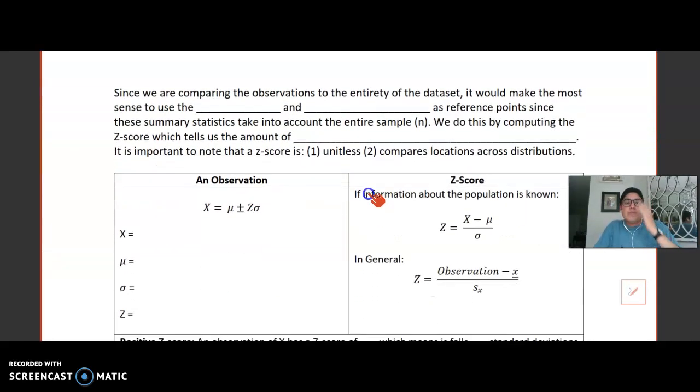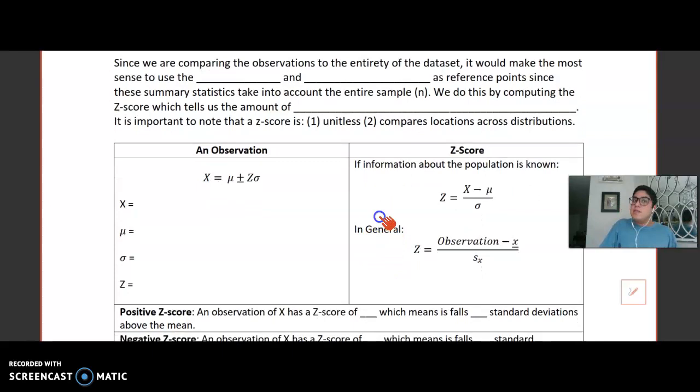All right, now, since we are comparing the observations to the entirety of the data set, it would make the most sense to use the mean and the standard deviation. Now, a few lessons back, we said that we only use these summary statistics if the data is approximately symmetric, because they would give us a better representation of the center and spread.